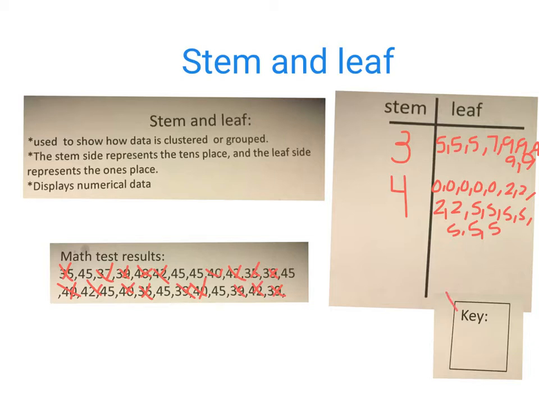Okay, what's really important is this key, because what that does is state that if I have a 3 and then this little bar and then a 5, that equals the number 35. So this is a 3 and then a bunch of 5s. That means 35, 35, 35, 37, 39, so on and so forth.